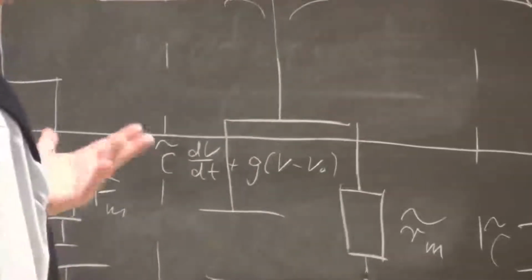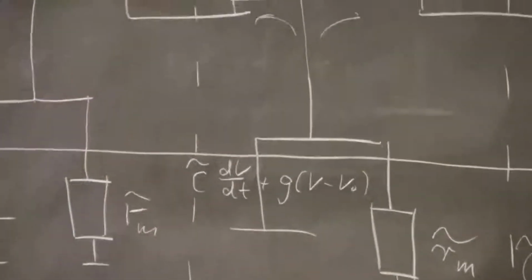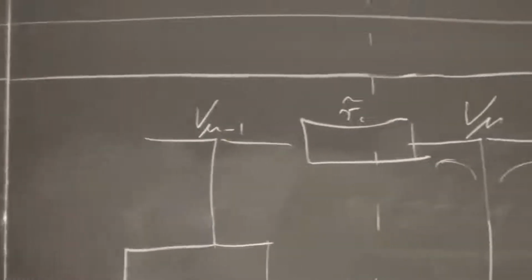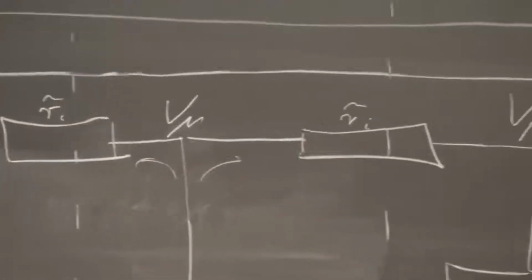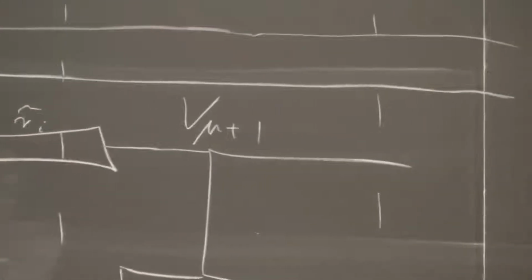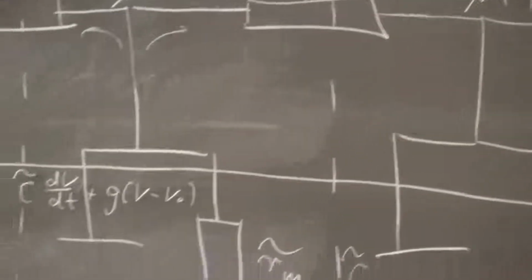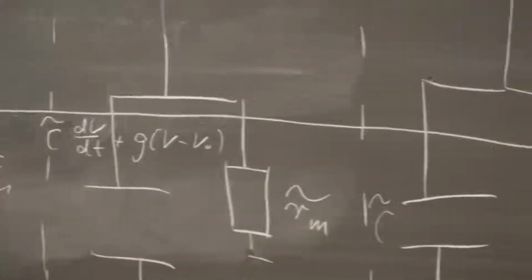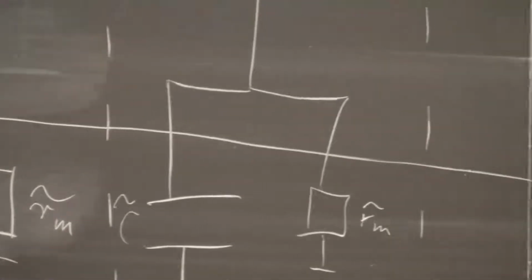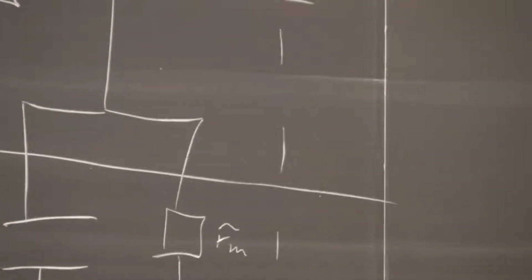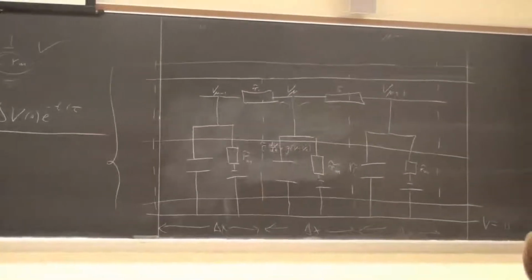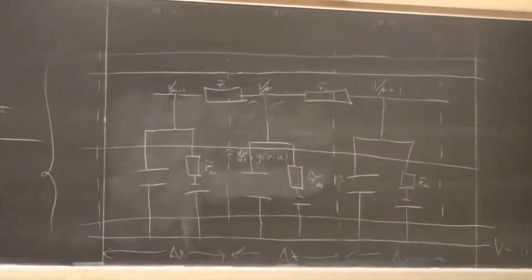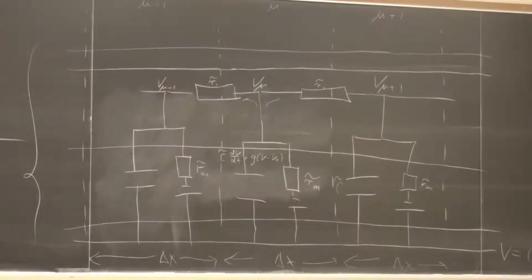And so the equation reads: at the position V mu, we have C membrane tilde dV mu over dt plus 1 over R membrane tilde times V mu minus V0.